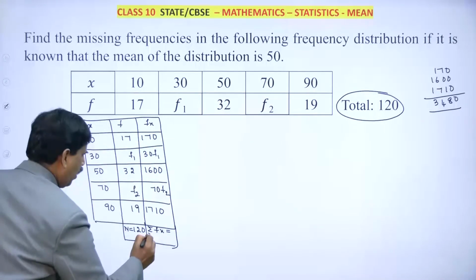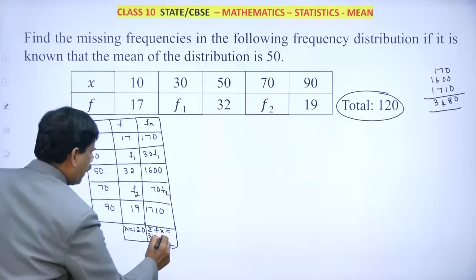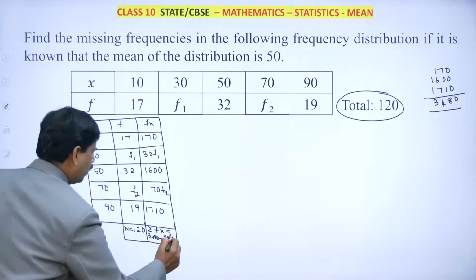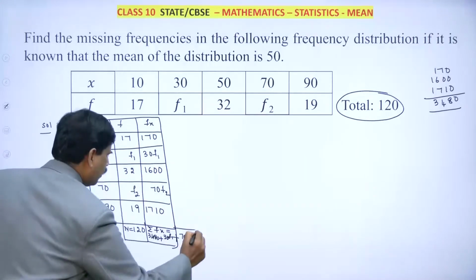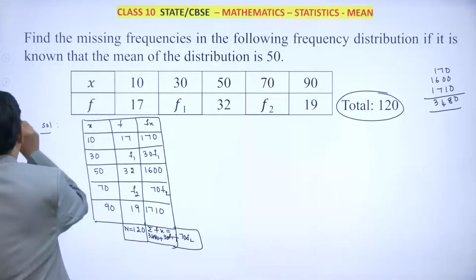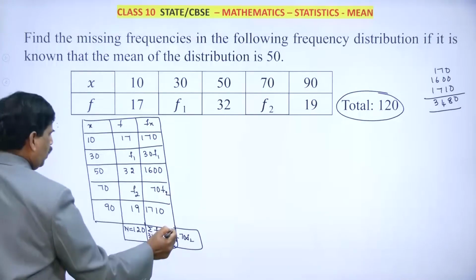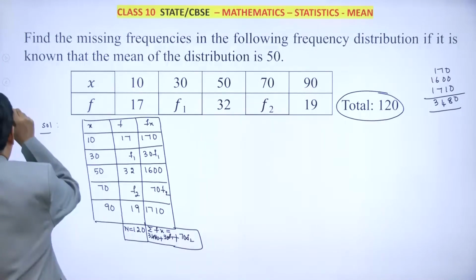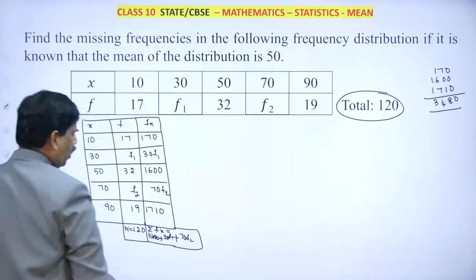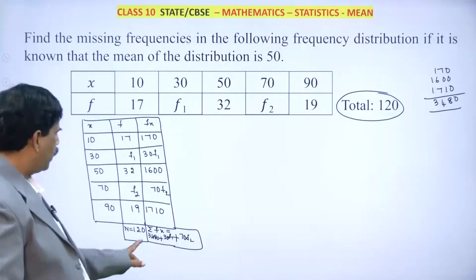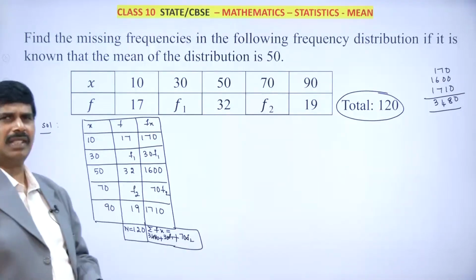So this is 3480 plus 30 f1 plus 70 f2. Okay, children? So this is your sigma fx, 3480 plus 30 f1 plus 70 f2.